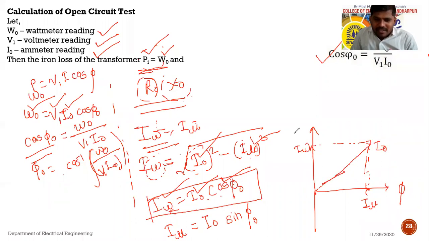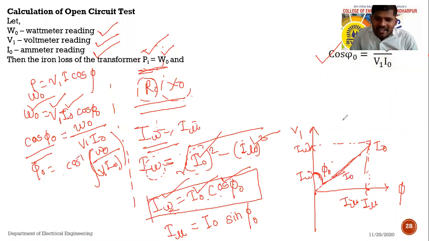No load current I0. Here it is V1, and this I0 lags behind the voltage V by an angle less than 90 degrees, nothing but phi 0. This one is I mu, this one is IW. So this is the hypotenuse, nothing but I0.